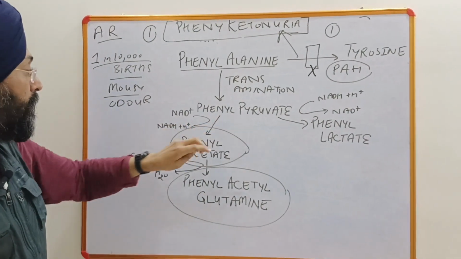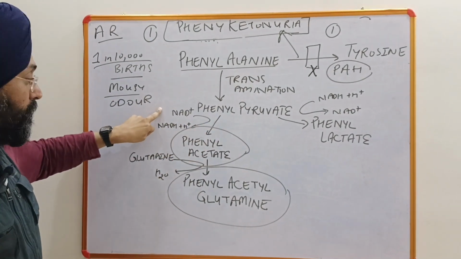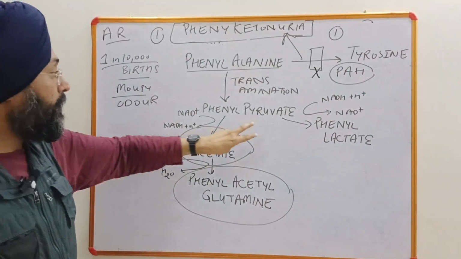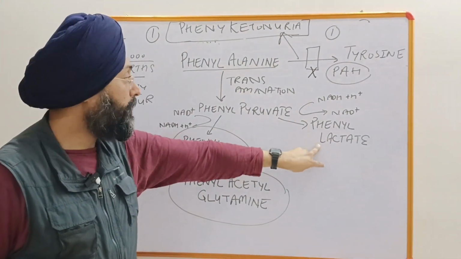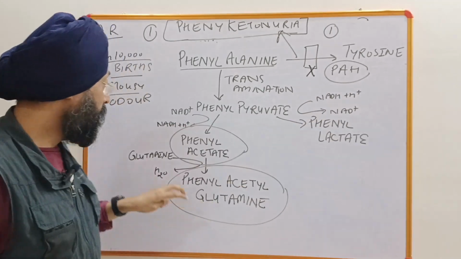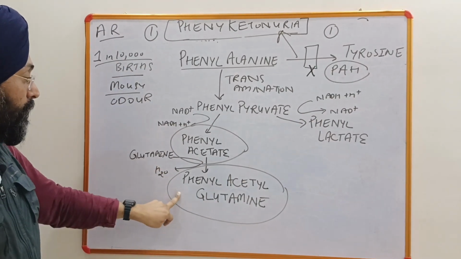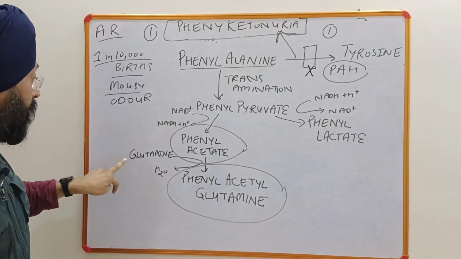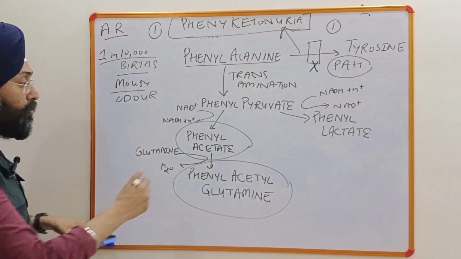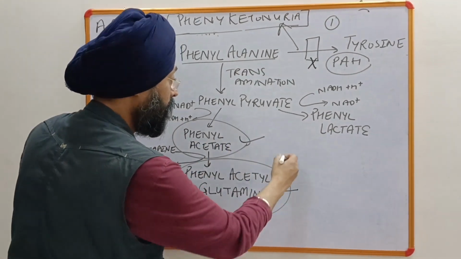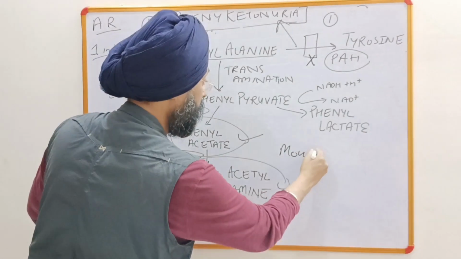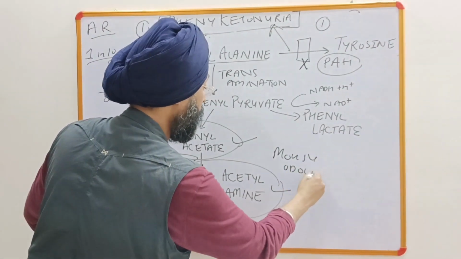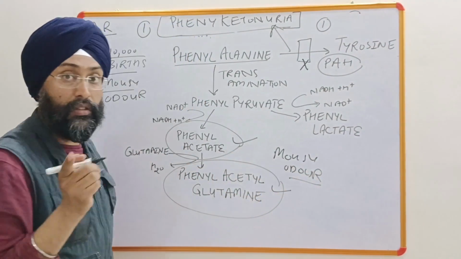Phenyl pyruvate will undergo an NAD positive reaction to form phenyl acetate, and it will also form phenyl lactate by an NADH dependent reaction, and phenyl acetate will finally form phenyl acetyl glutamate by a glutamine dependent reaction. These two products will cause mousy odor of urine, right? That is the characteristic feature of this disease.